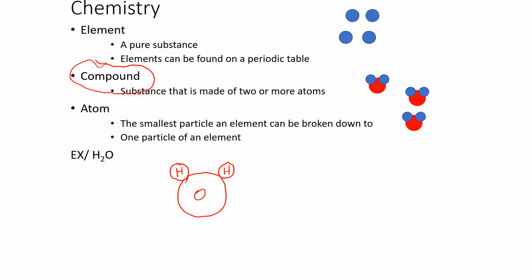Okay? Now, this whole thing right here has three atoms total, two hydrogen and one oxygen. It has two different elements, hydrogen and oxygen, but this whole thing is a compound. That whole thing is a compound, okay? Because it is two or more atoms that have combined.